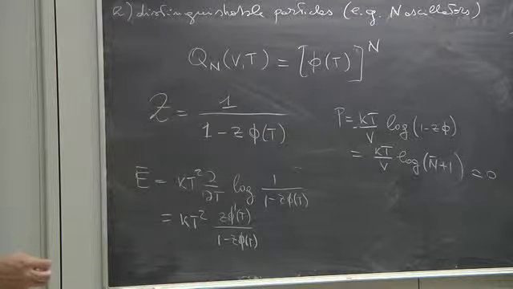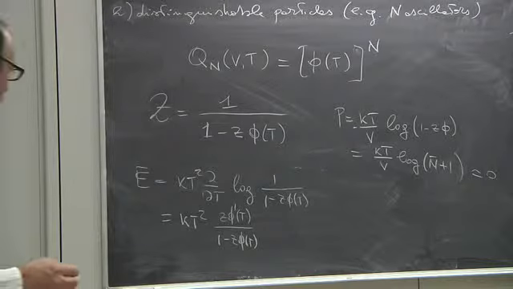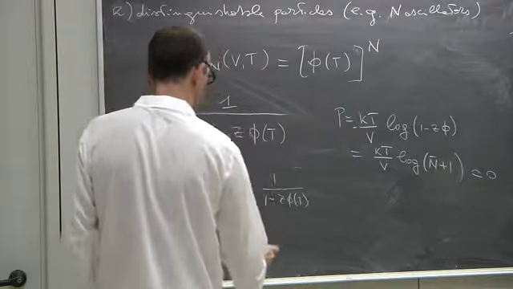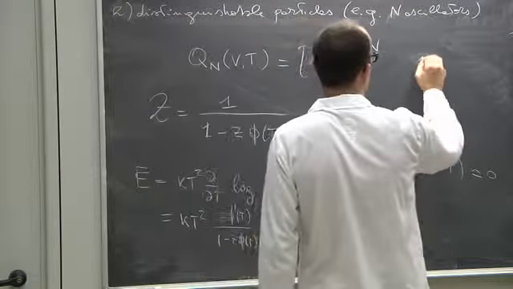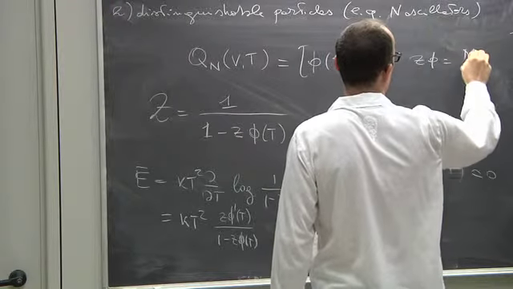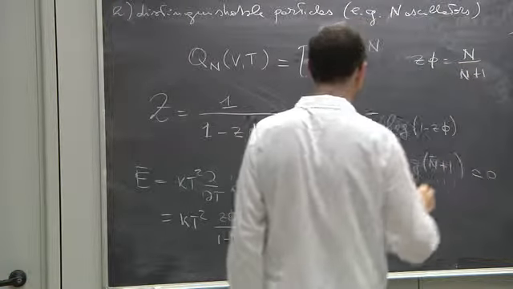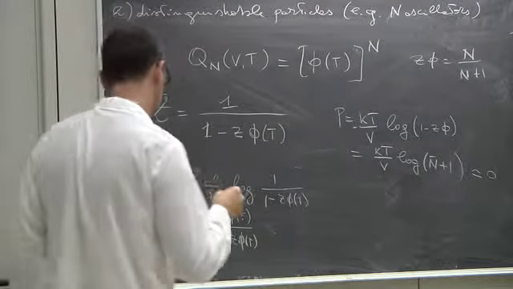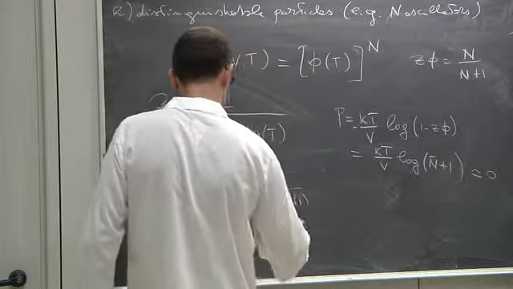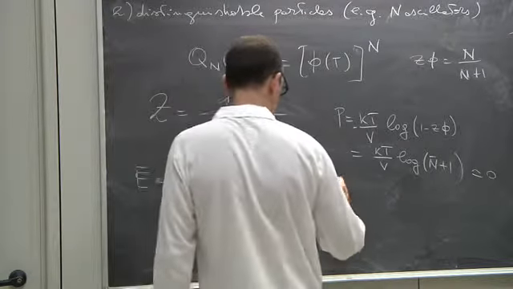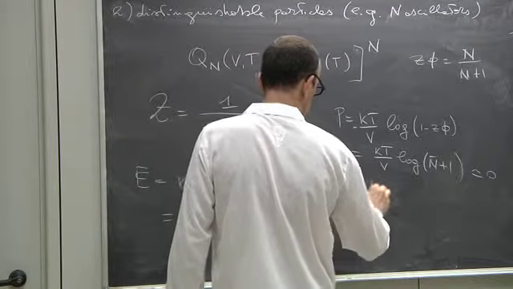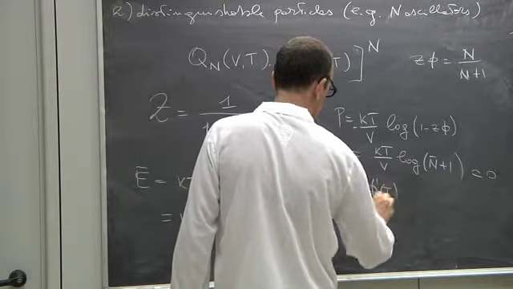Now, if you use the relation which I've just erased, that z phi is equal to n divided by n plus 1, you have that this is equal to kT squared times n times phi prime of t divided by phi of t.